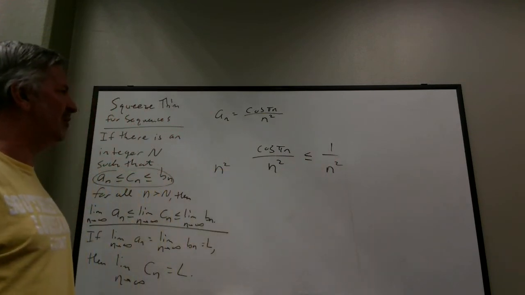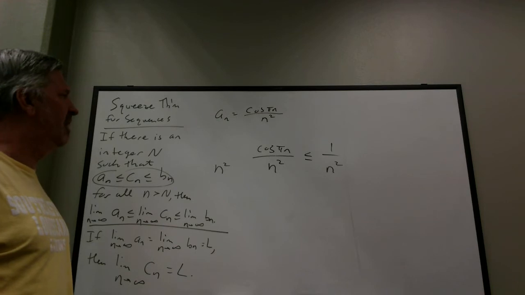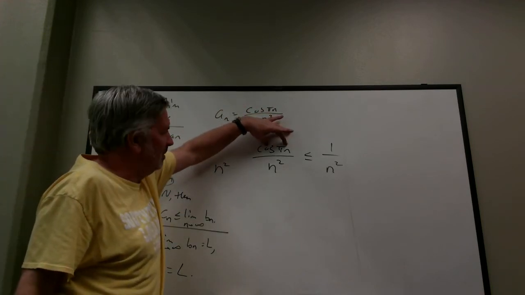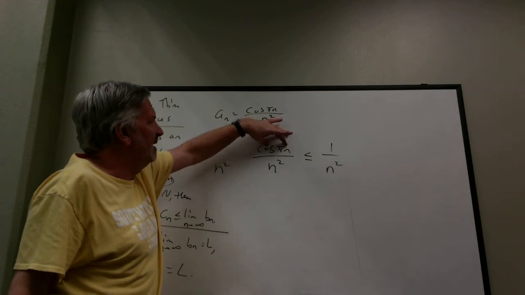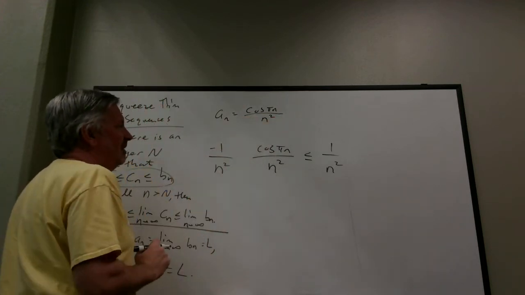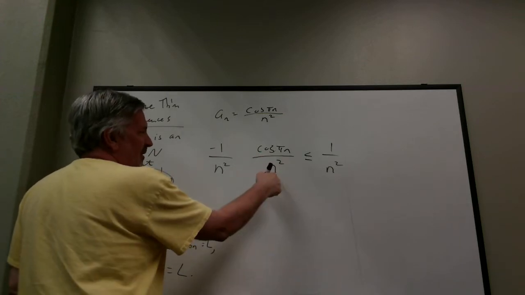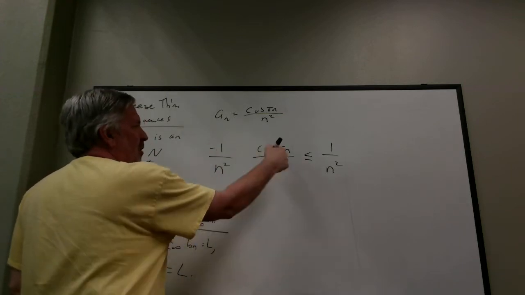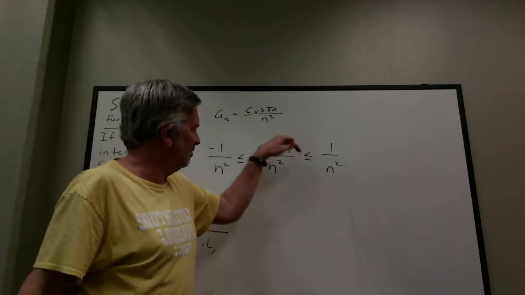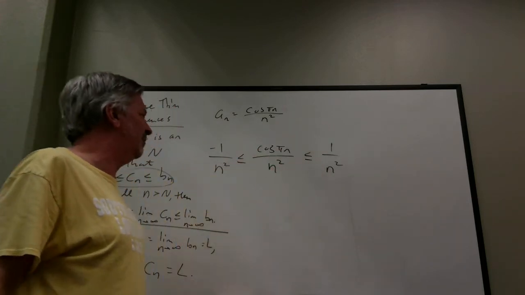Cosine of pi n over n squared is always less than or equal to 1 over n squared. Likewise, the smallest cosine of anything could be is -1. So if I do this, I left the denominator alone. To make a fraction smaller, you make the numerator smaller, so that's true. Notice to make a fraction bigger, you make the numerator bigger and leave the denominator alone.